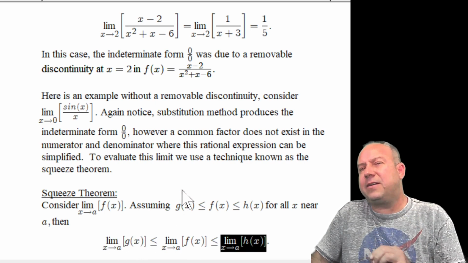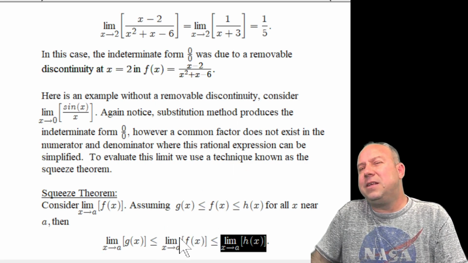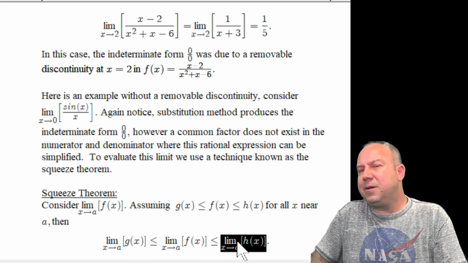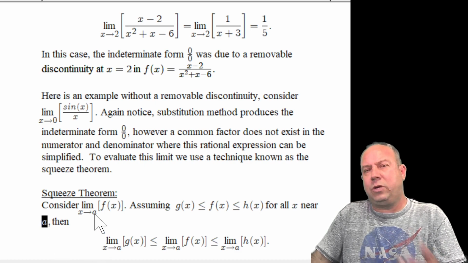Due to the fact that the result for this limit would be being squeezed by these two functions as we get near a with our values of x. It's called the squeeze theorem.